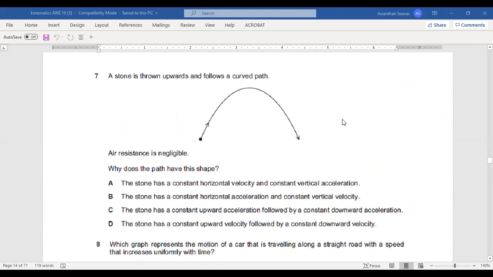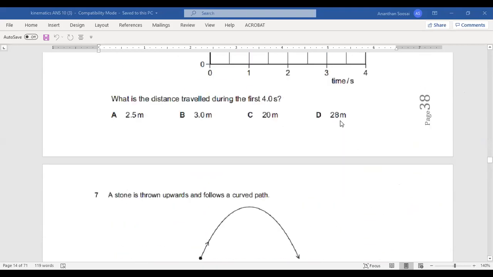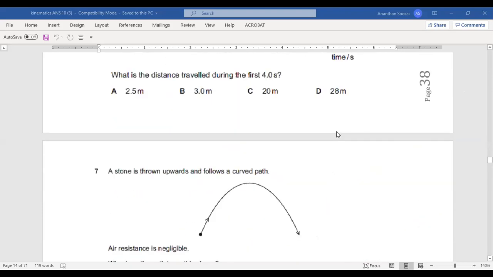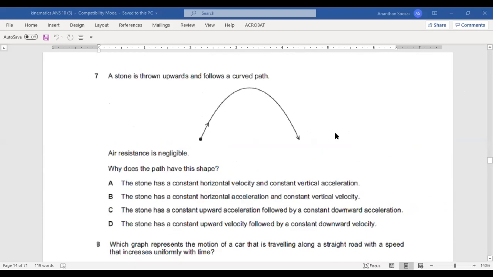Okay, this one, question 7. Which year is this? This is November 08. Get me the answer.